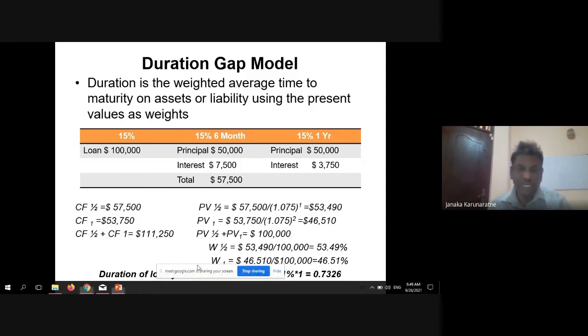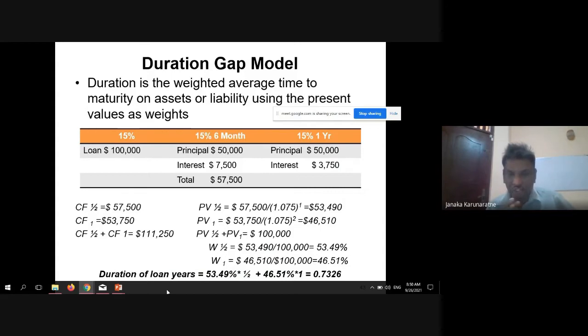So if you really look at the actual maturity, I will first use the word actual maturity. 53.49% of your loan will be recovered within half a year, and 46.5% of your loan will be recovered after 1 year. So that means the real maturity is 0.7326, right?